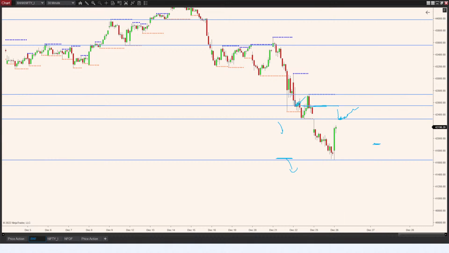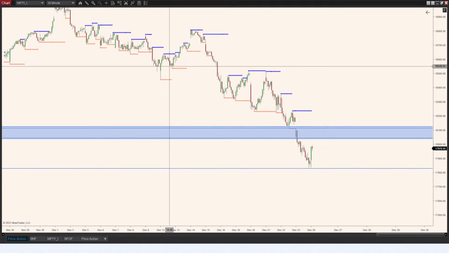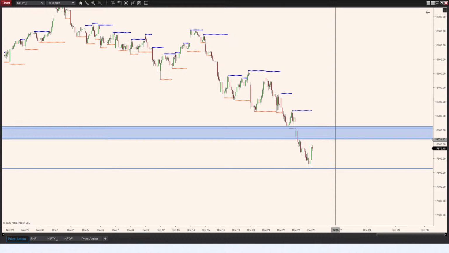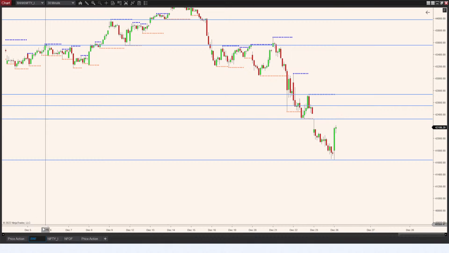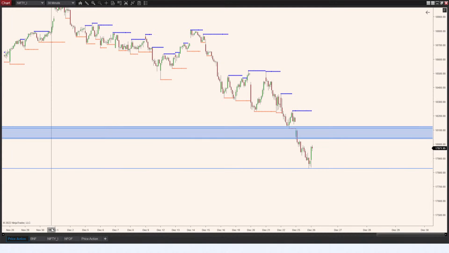So these are the key levels for Bank Nifty. In either case, we have the same kind of context. For Nifty, we want the price to sustain below 18,030 to look for any shorting opportunities. Similarly, for Bank Nifty, it has to sustain below 42,320. If price sustains above these levels in both the scripts, then we look for long opportunities. I hope this particular context is clear to you.